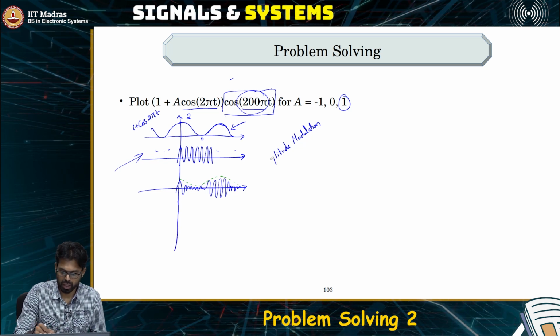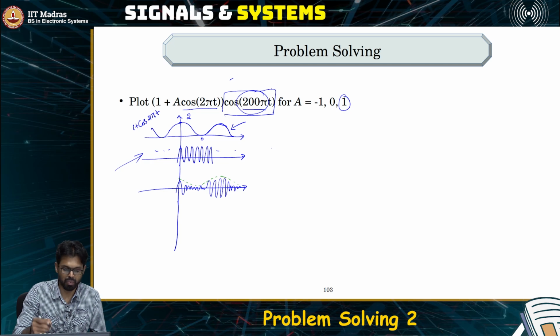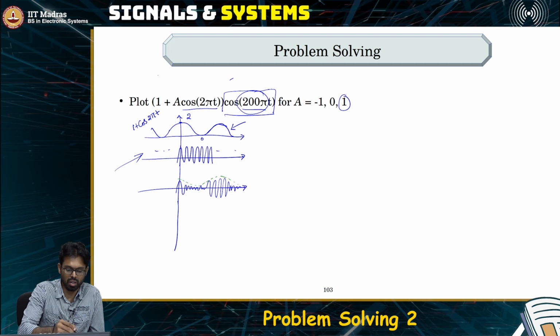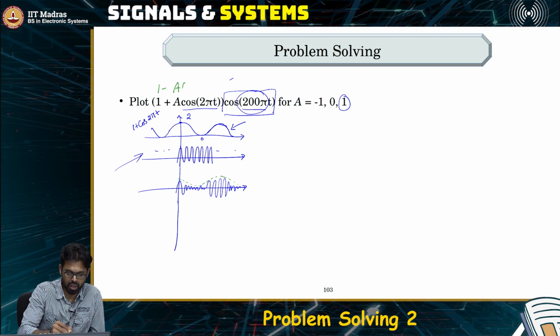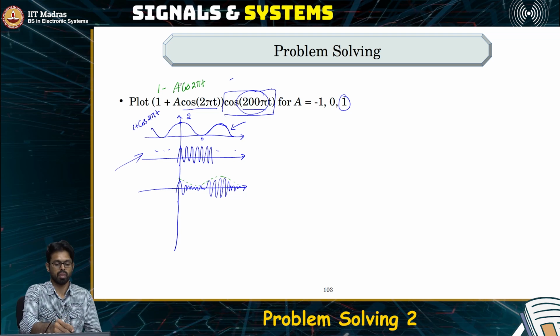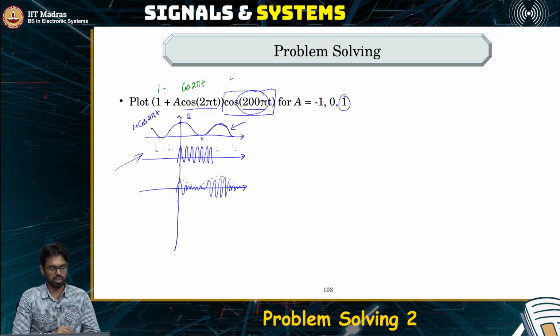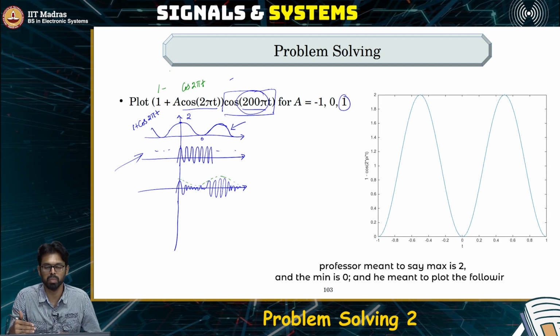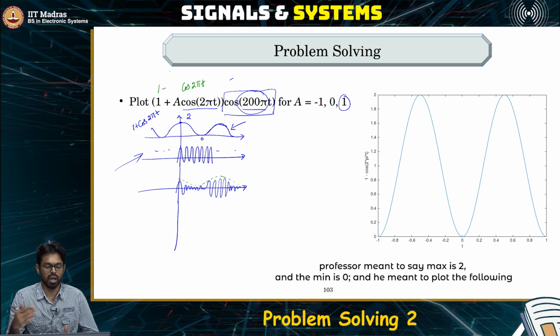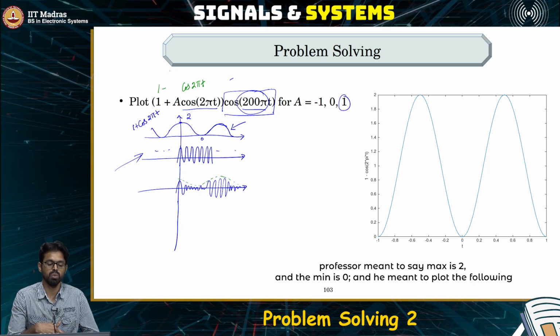So if A is minus 1, then 1 minus A cos 2 pi t, minus 1, this is the case. So what would be the maximum amplitude here? The maximum amplitude here would be now 0, and the minimum amplitude would be now minus 2.